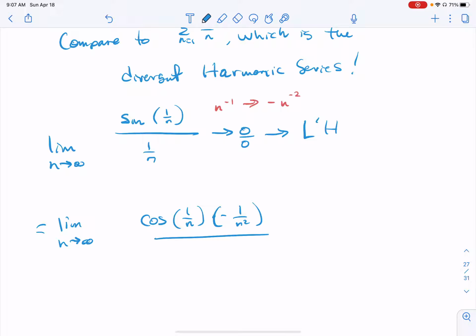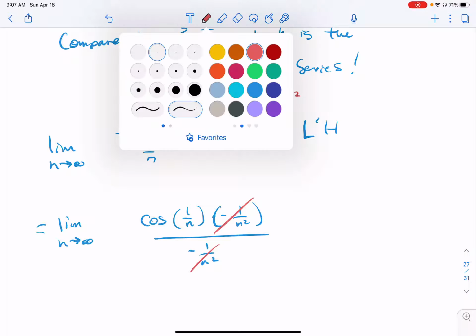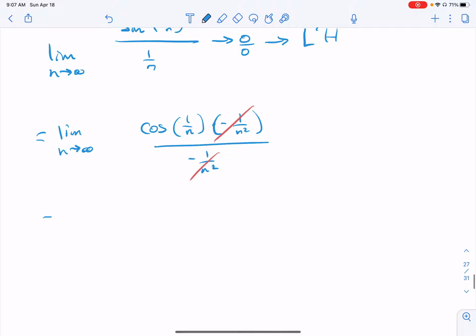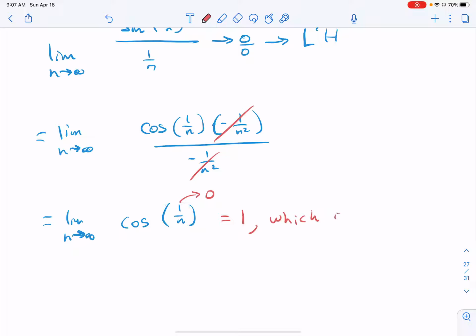And then you get the same thing on the bottom, -1 over n squared, which cancels out, fortunately. So we get just the limit as n goes to infinity of the cosine of 1 over n. Now, once again, this is going to 0. And what's the cosine of 0? That is equal to 1, which is finite and positive.